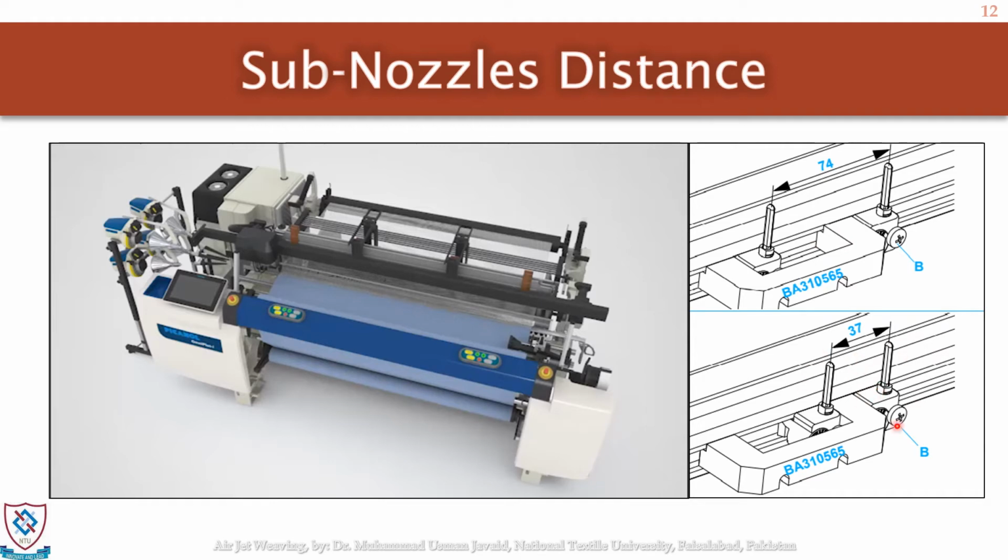If we decrease the distance between the nozzles, it will require more nozzles to be used for the same length, but we will have more control over the weft, and we can assure the quality of the inserted weft. In other words, here the yarn path may not be straight, it can come out or cause problems.